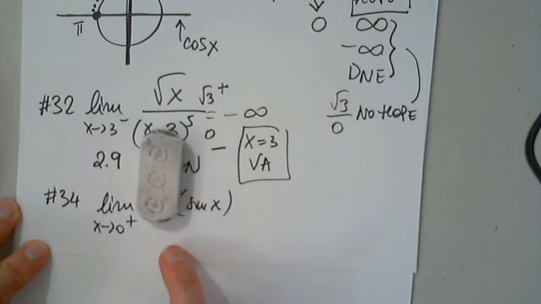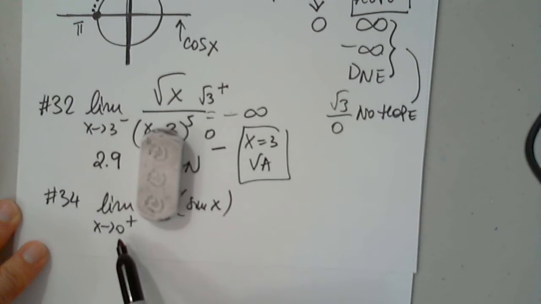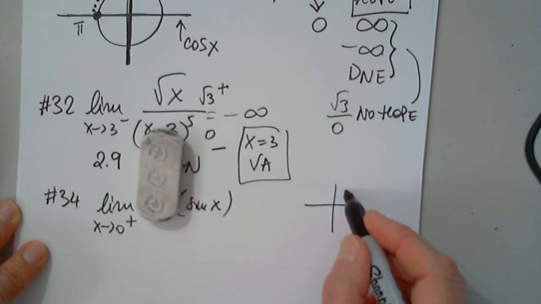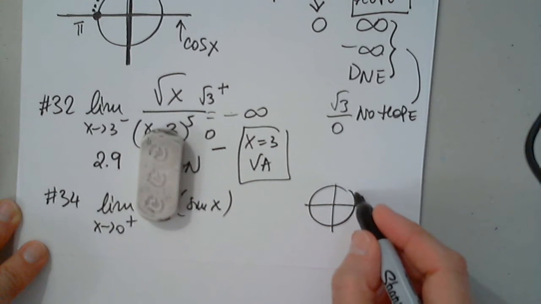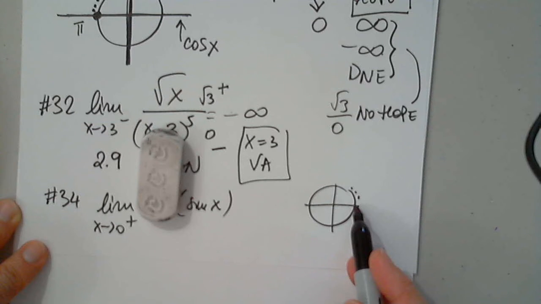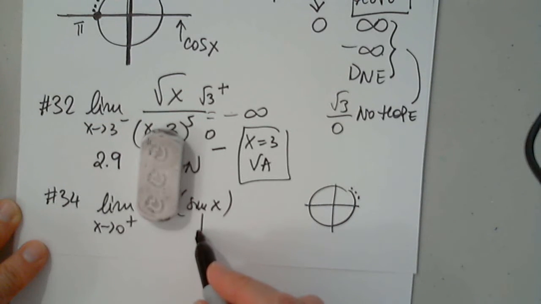I always start from the inner function, like evaluating, right? So as x approaches 0, 0 from the right is with angles higher than 0. Where is this going?